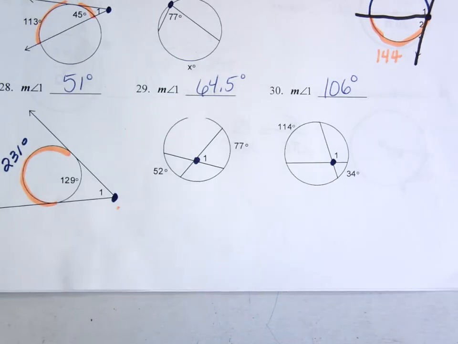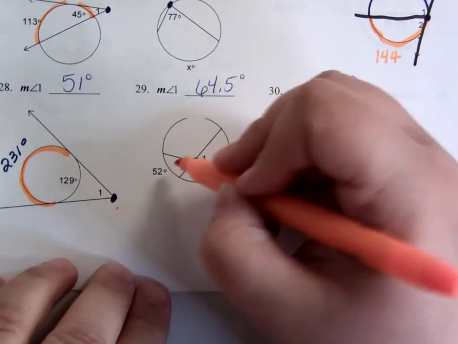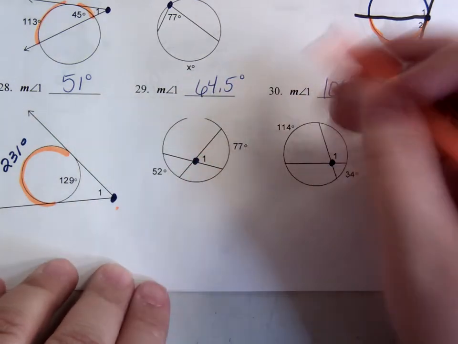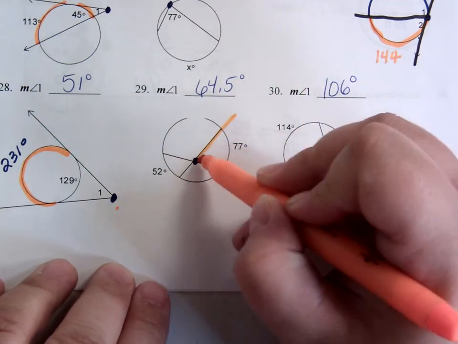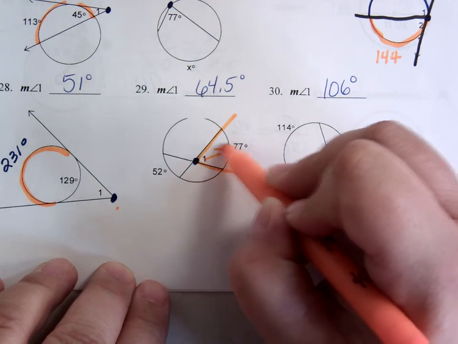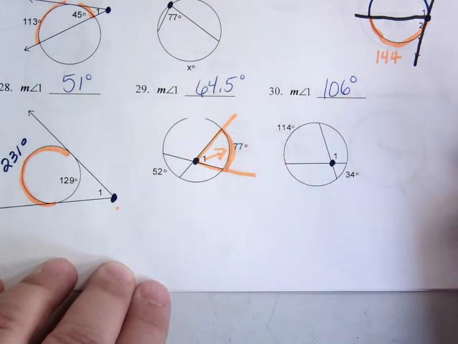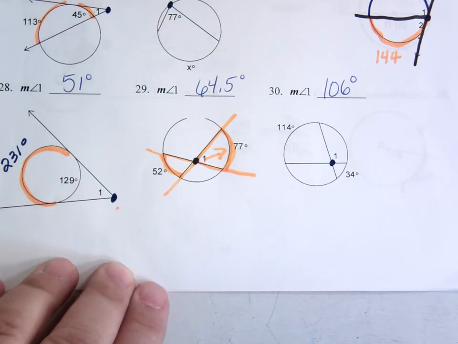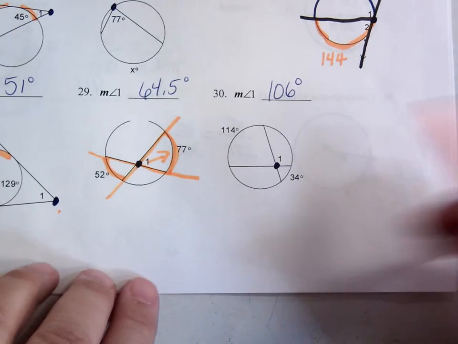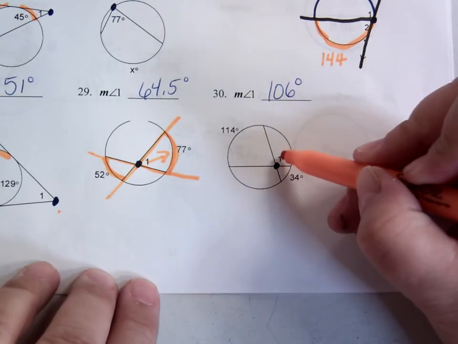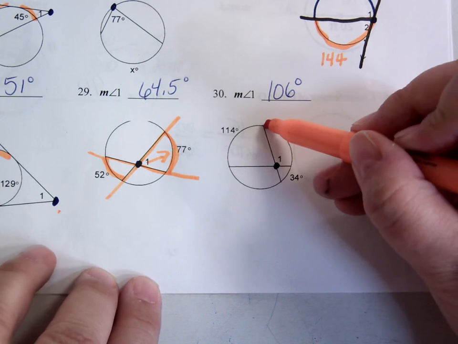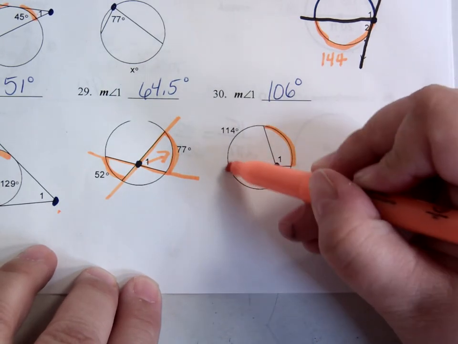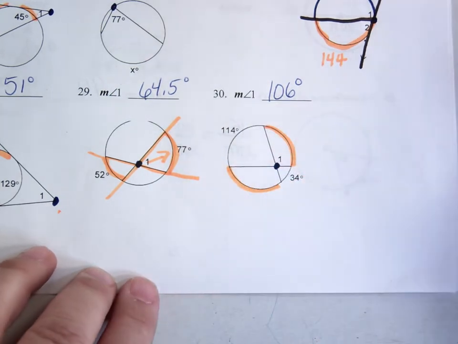On these, y'all were really good on number 30, most people did not get tripped up. That's the type a lot of people do get tripped up on. On angle 1 here, the two arcs would be this one right in front of it, and then going backwards away from angle 1, this one back here. So half the sum of 77 and 52. On this one, if I want to find angle 1, I'd have to add this arc and take half of them, but I don't have those arcs.